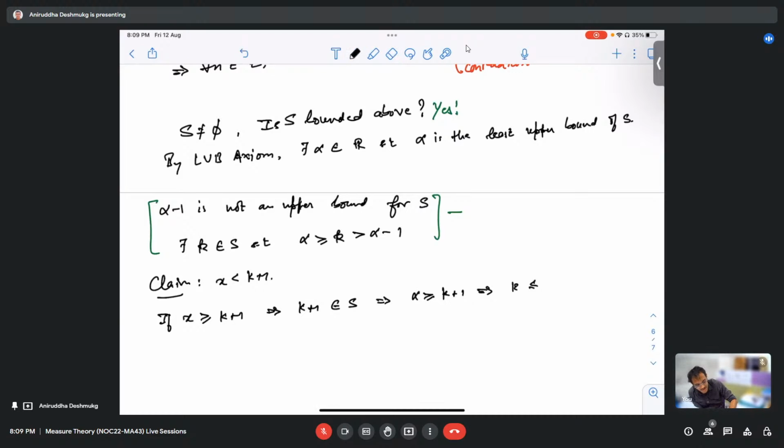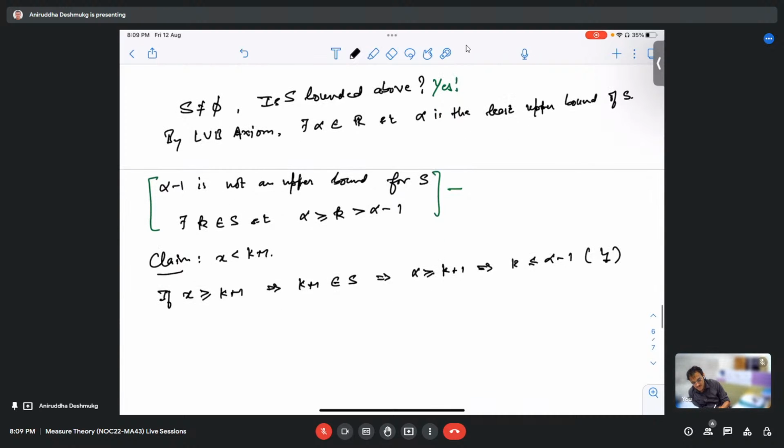But k is greater than alpha minus 1, which I know is a contradiction. So therefore this claim must be true, and then we get the result, right? That k is less than or equal to x less than k plus 1. And as an exercise, you can check that this k is unique.